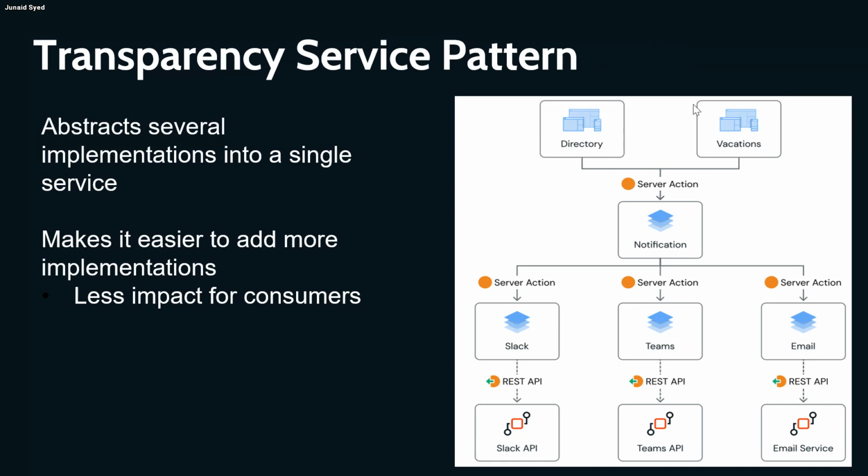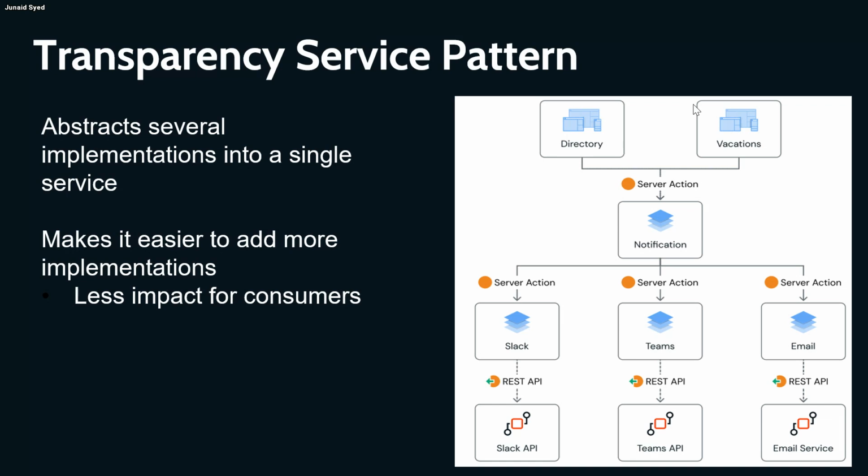In future, let's say I introduce one more external system, maybe Skype or Zoom, and I develop the integration for that. I don't have to change the directory application to connect to those new integrations. The directory application just needs to know which system it wants to communicate with. It needs to inform the notification library, and then the notification library will take care of it.